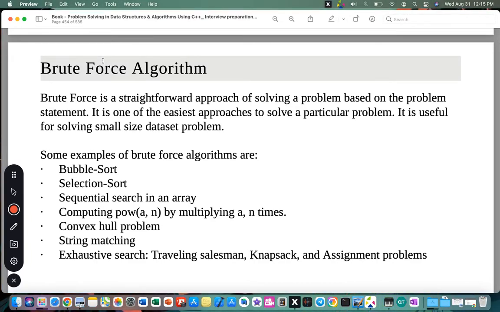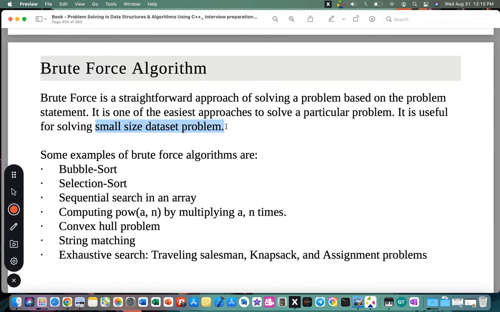Brute force algorithm. Brute force is a straightforward approach of solving a problem based on the problem statement. It is one of the easiest approaches to solve a particular problem. It is useful for solving small size data set problems. And many of the C++ examples at the beginner level depend on this.